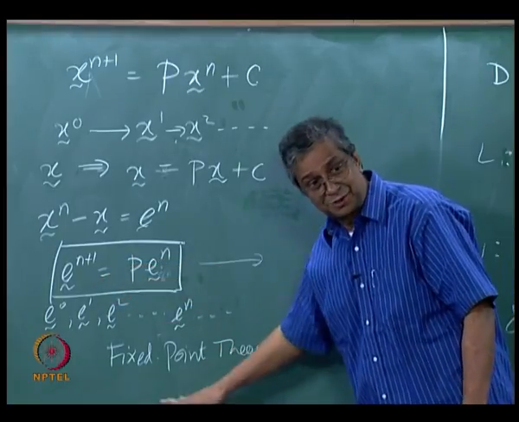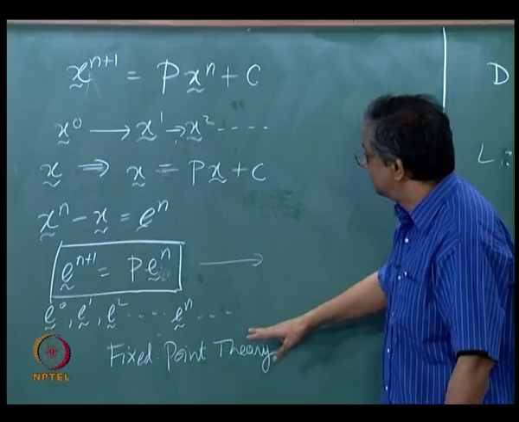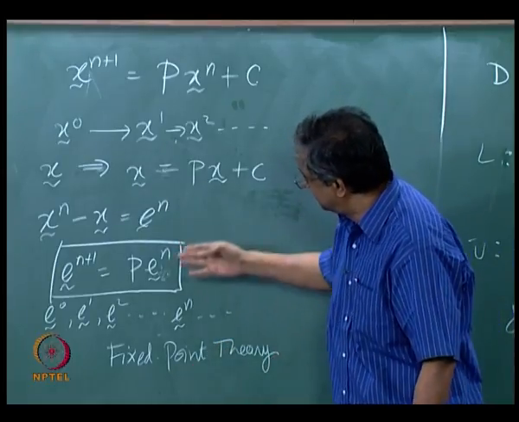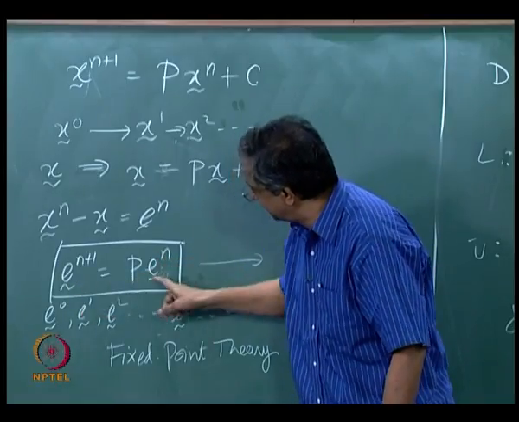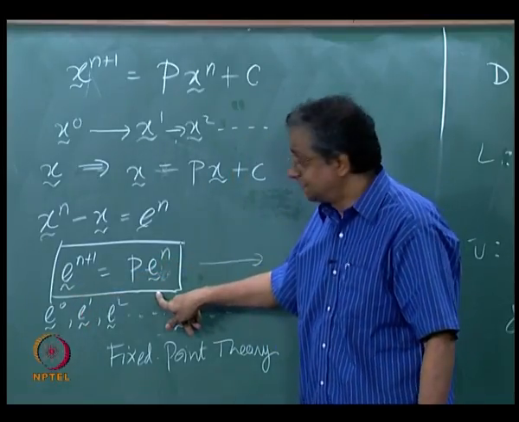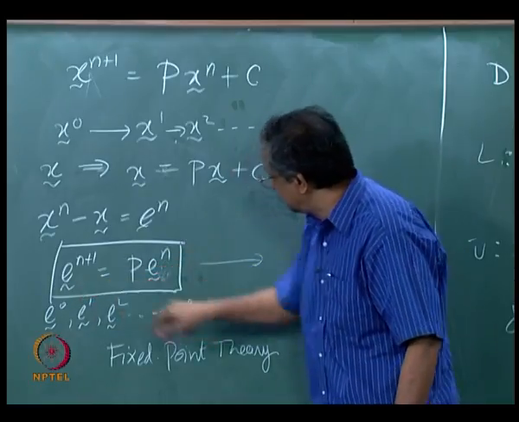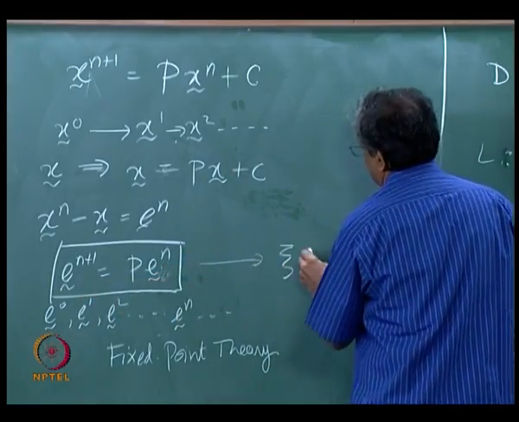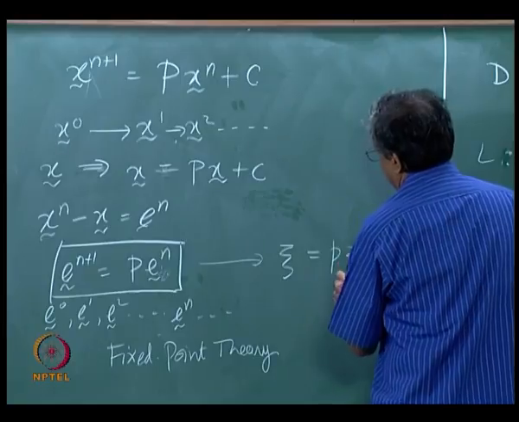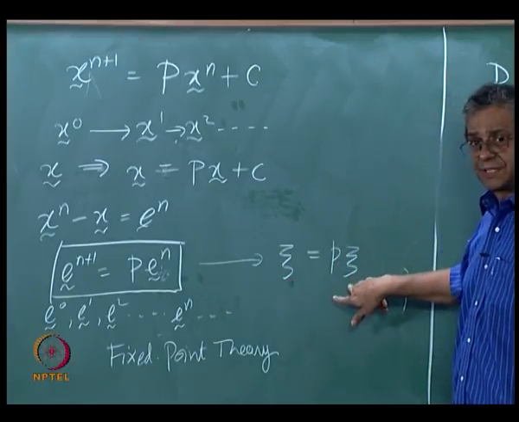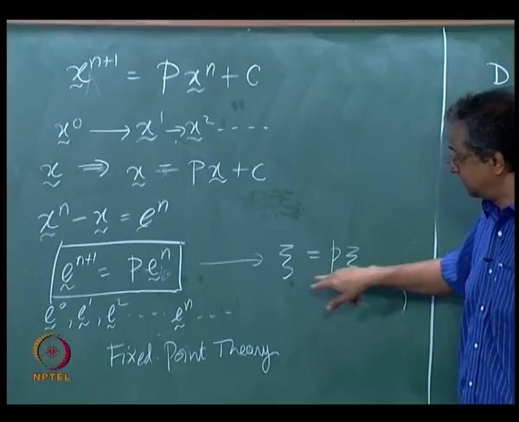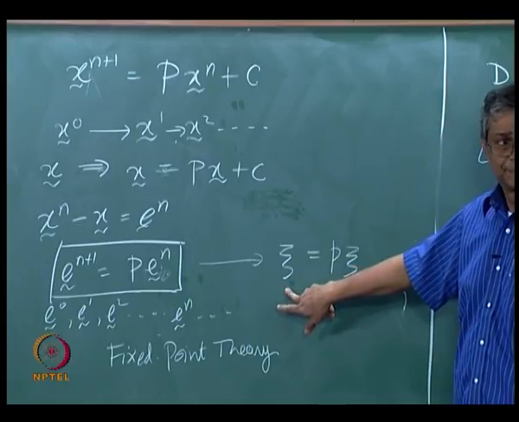Of course I suddenly introduced this idea of a fixed point. So x is a fixed point, or E here is a fixed point, if it turns out that you actually get psi equals P times psi. Psi is a fixed point. So if you substitute psi back into the equation on the right hand side, you get back psi.